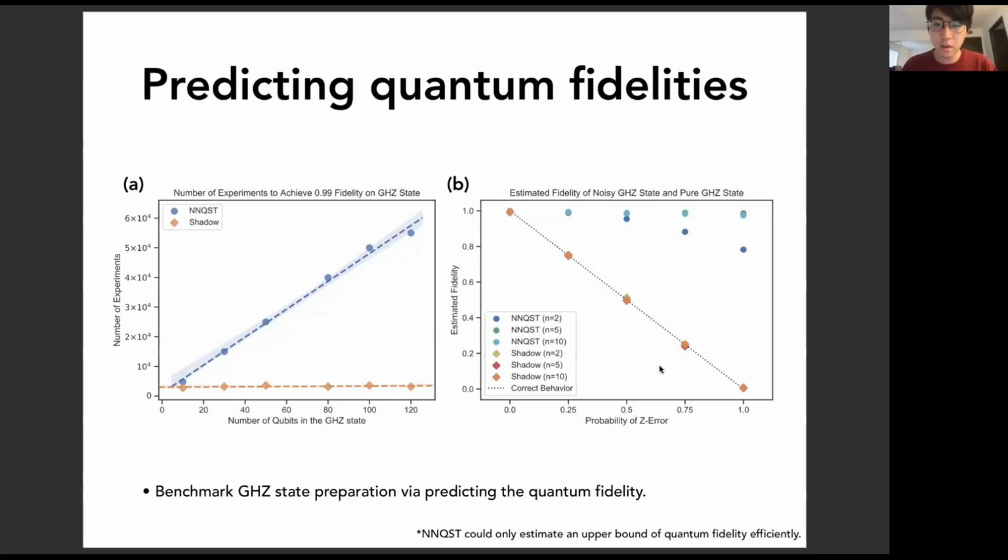However, we found that since neural network quantum state tomography doesn't really have a provable guarantee, it can sometimes provide erroneous predictions. Here the neural network quantum state tomography is overestimating the fidelity because it couldn't estimate the true fidelity very efficiently. So it's only estimating an upper bound, like the classical fidelity instead of the quantum fidelity, which causes this problem that you're not tracking the true fidelity accurately. So that's the first demonstration.